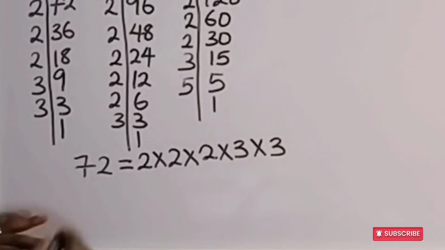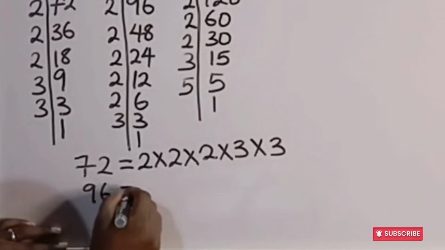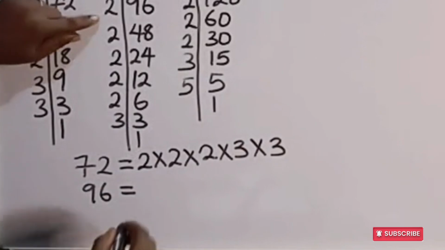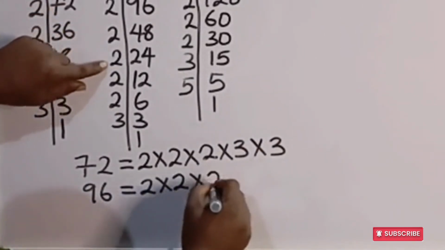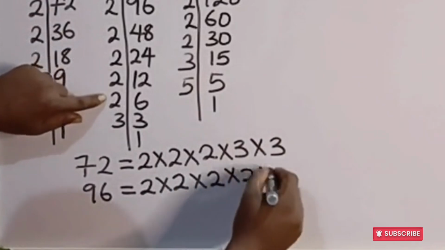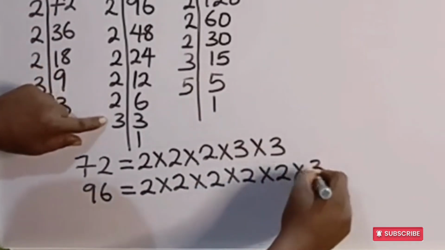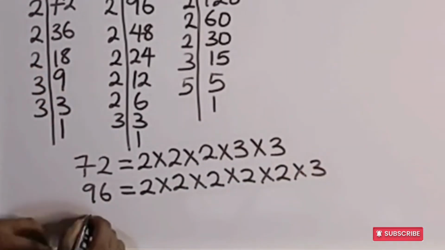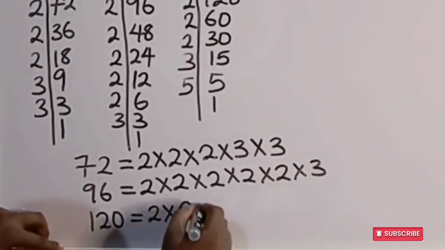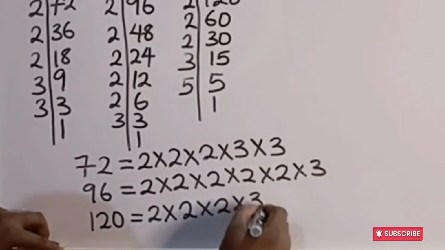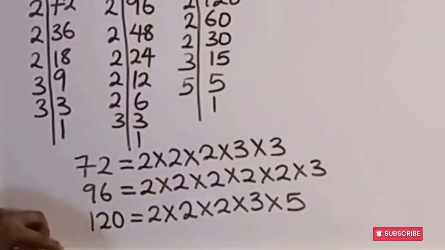And then we have 96 is equal to 2 multiplied by 2 multiplied by 2 multiplied by 2 multiplied by 2 multiplied by 3. And also 120 is equal to 2 multiplied by 2 multiplied by 2 multiplied by 3 multiplied by 5.